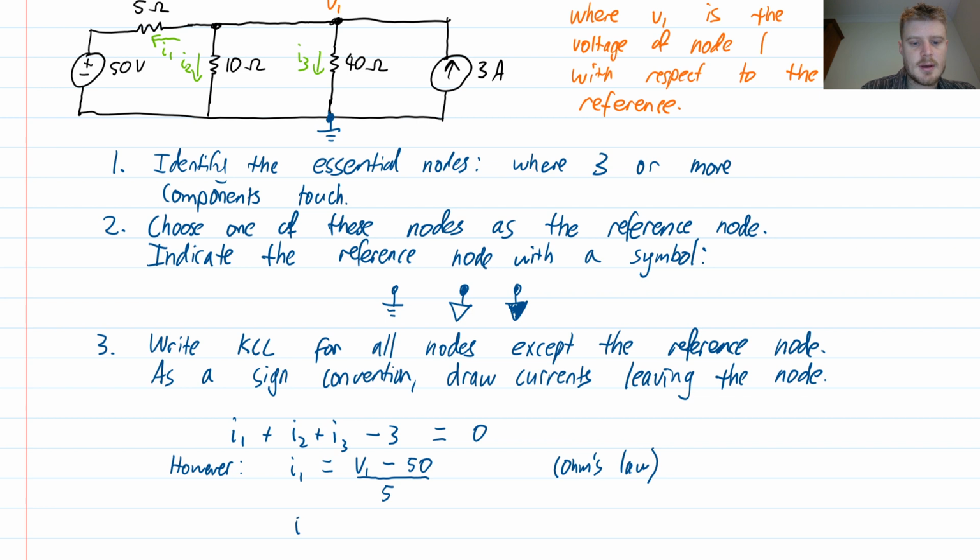So I2 is V1 minus 0, right? The voltage over this 10 ohm resistor is just V1 minus 0, just V1, where 0 is because of the reference node on the bottom. They're all working with respect to that being our 0 point, divided by 10.